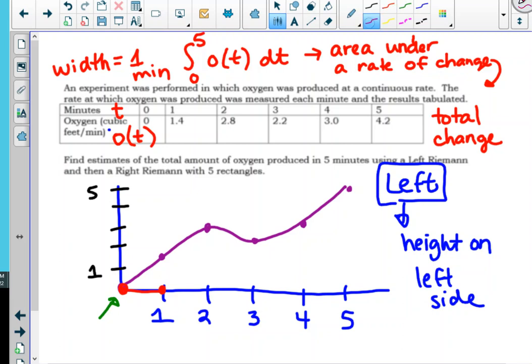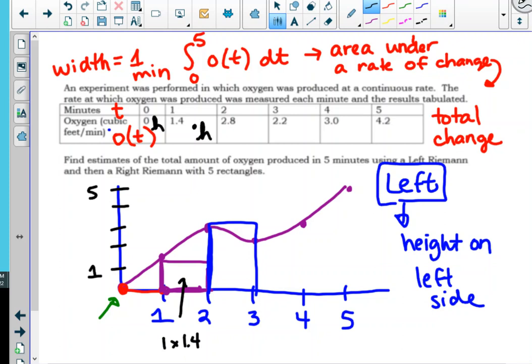When I go 1 to 2, I'll use the height at 1. When I go 2 to 3, I'll use my height at 2. So this rectangle is 1 by 1.4. This is my first height. This is my second height.